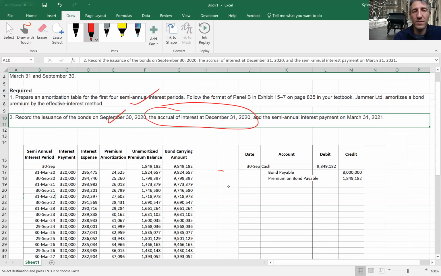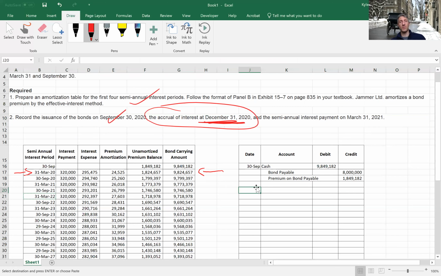So we have the very first interest payment on March 31st, 2020. Now the assumption here is that this organization prepares financial statements at the calendar year end, so their fiscal year corresponds with the calendar year.